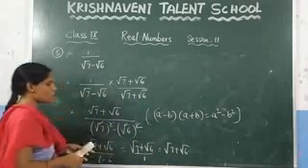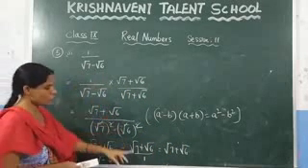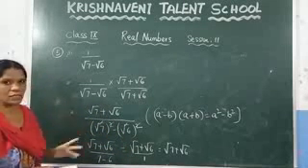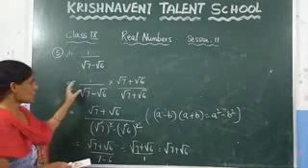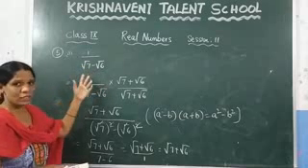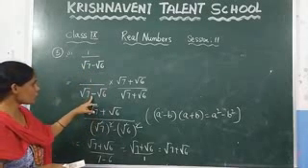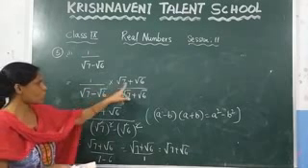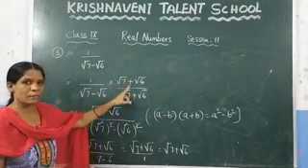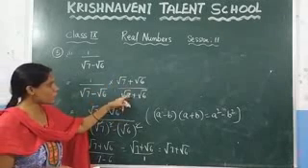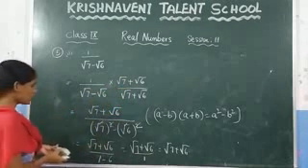So here we changed the irrational denominator to the rational denominator, and this is the process of rationalization. You just need to check the denominator and make the denominator into rational form. By which number do you need to multiply? If minus is there, you need to multiply and divide with plus. If plus is there, you need to divide and multiply with minus. Now see the next question.